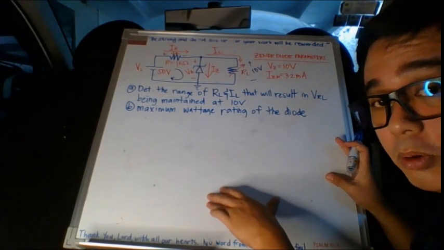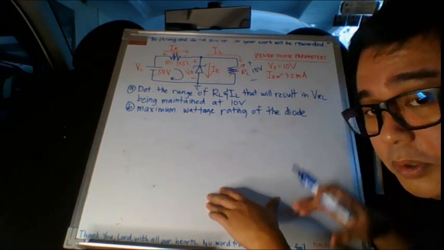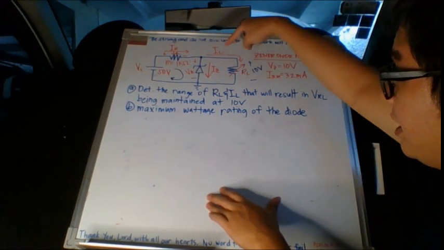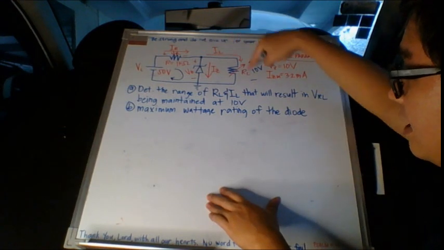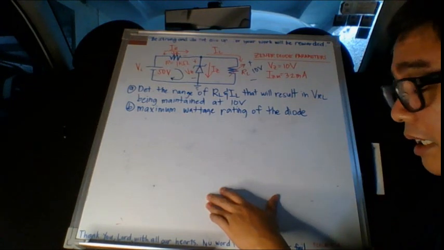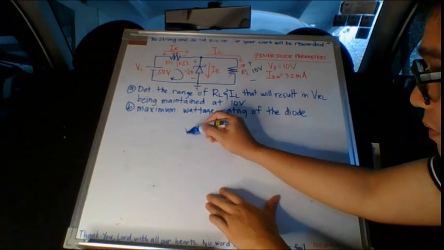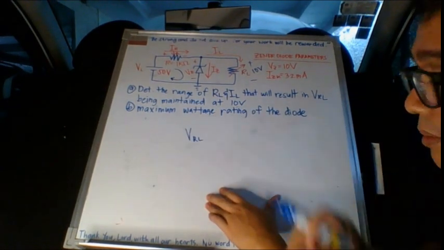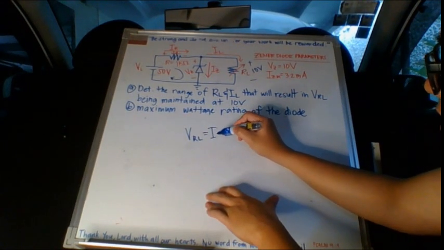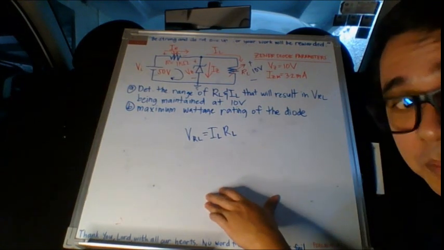Susunod naman ay makukuha na natin yung value ng ating RL max o yung pinakamalaking value ng load resistance. Dito tayo nakafocus. Ang dumadaan na kuryente dito ay IL, ang ating resistance ay RL. We can write down the equation for the voltage of R sub L. We have V sub RL or V sub L, it's just the same, equals I sub L times R sub L. May mga papalitan tayong subscripts dito.